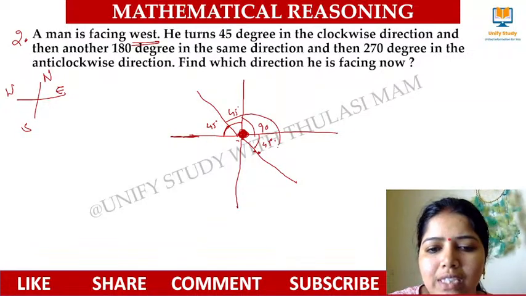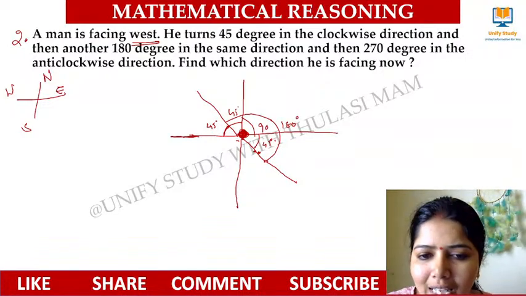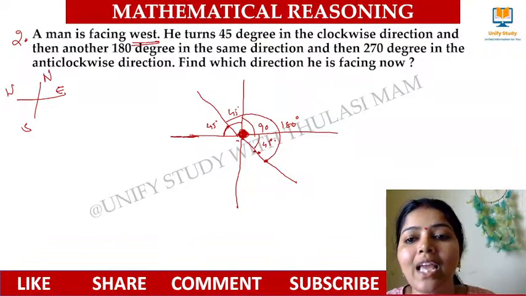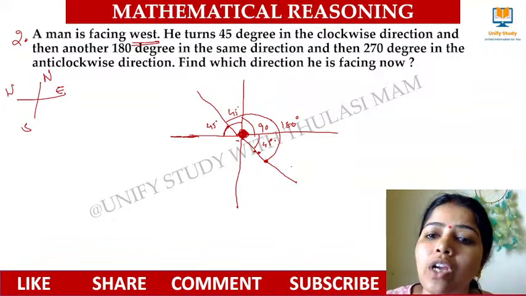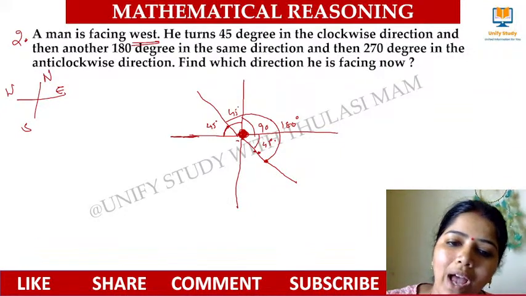So he covers this angle by 180 degrees, and then he is standing here now. Then 270 degrees in the anti-clockwise direction. From this point he goes in the reverse direction by 270. So where will he be now?